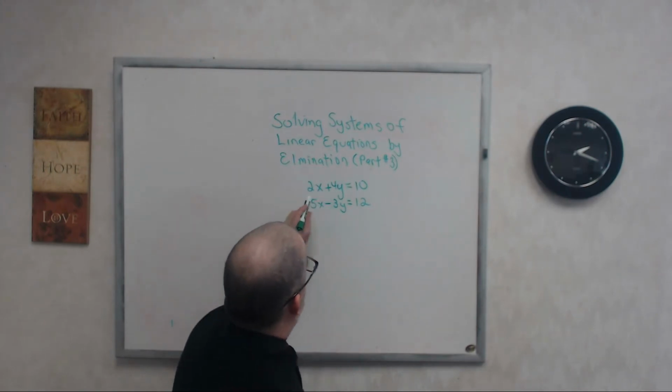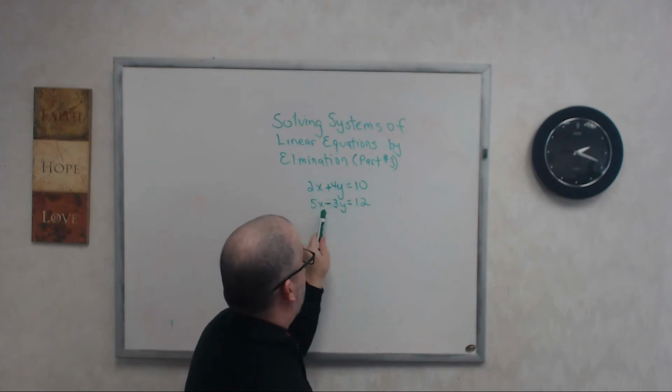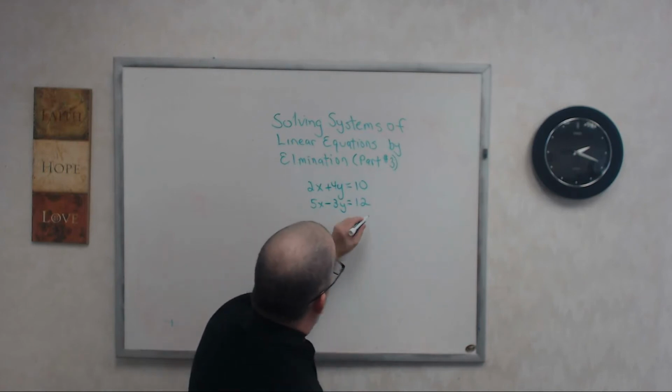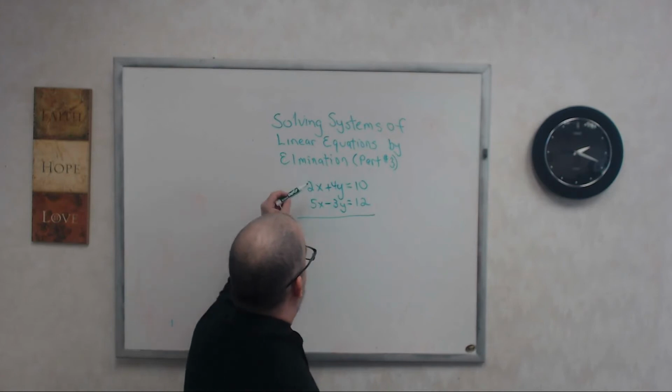As you can see here, we have two equations: 2x plus 4y is equal to 10, and 5x minus 3y is equal to 12. If we try to cancel out one of the variables, we have a 2 and a 5, which don't agree.